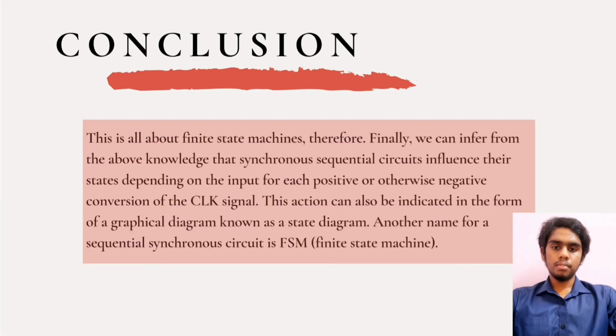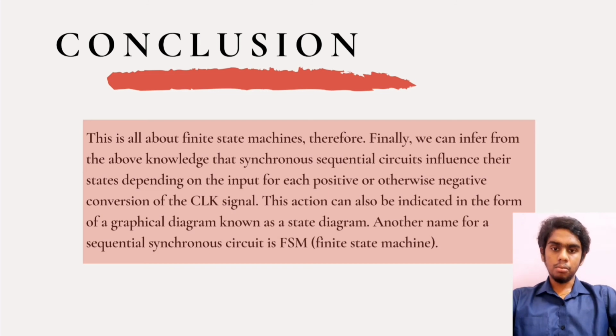Now I would like to talk generally about finite state machines. This is all about the finite state machine. Therefore, finally we can infer from the above knowledge that synchronous sequential circuits influence their states depending on the input for each positive or negative transition of the clock signal.